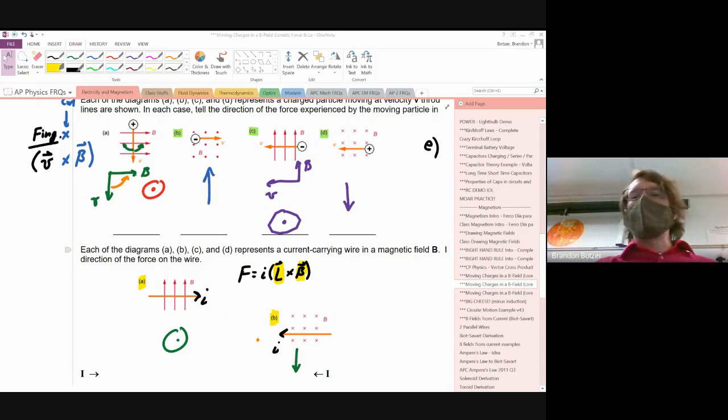There are 41 of these. They cover pretty much everything under the sun. But there are some that you cannot do right now. Any of those solenoid things with the wires wrapping like that, you don't know. They're super easy, they haven't taught you yet. Anytime you see a square of wire in a B field, you don't know those ones either. So don't worry about those ones.